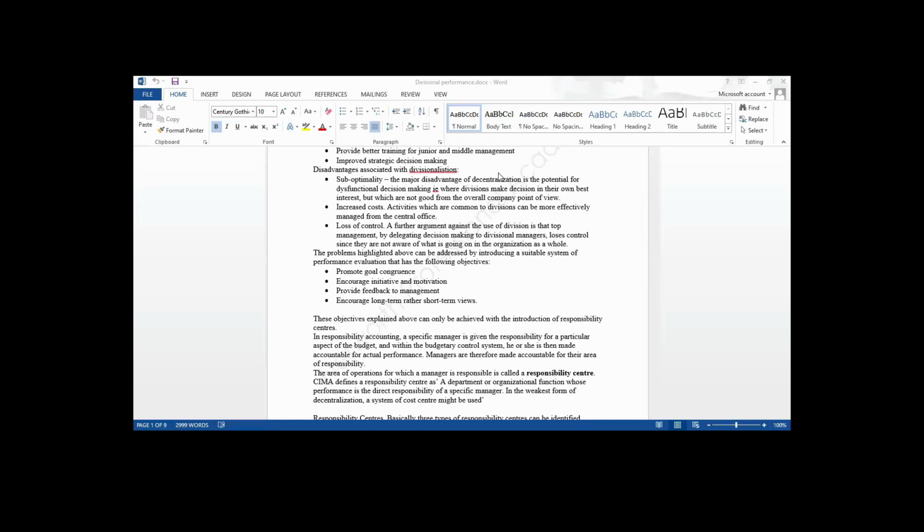To address this, we have the following objectives. Performance evaluation must promote goal congruence. Any performance evaluation we are using must ensure that the objective of the division is in line with the objective of the corporate head office.